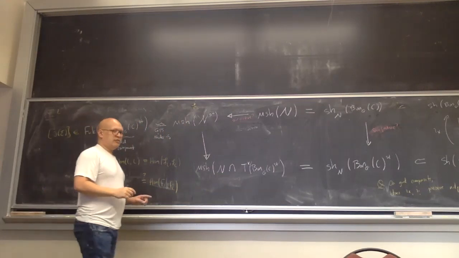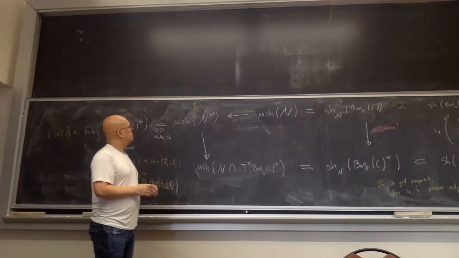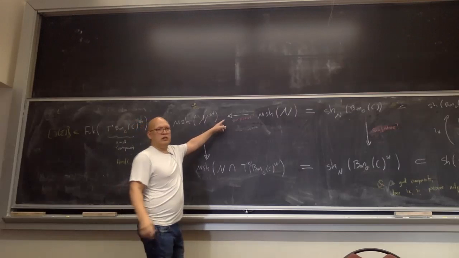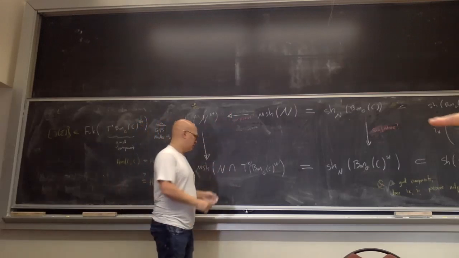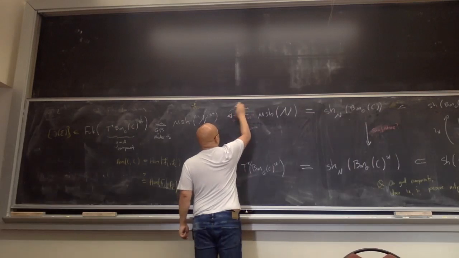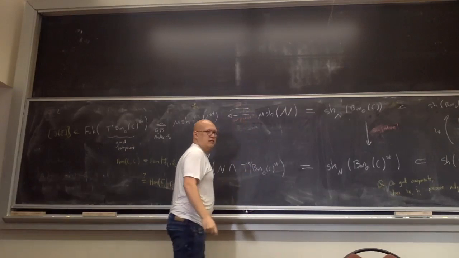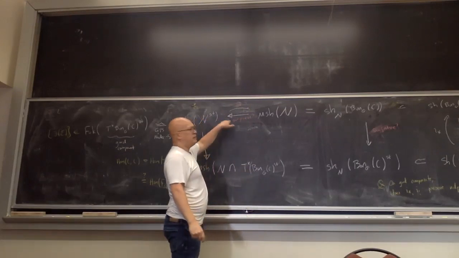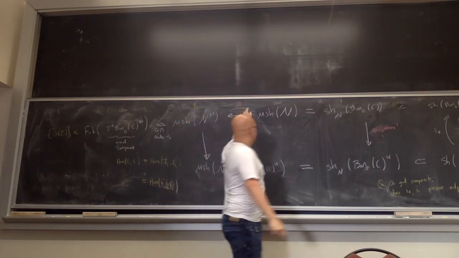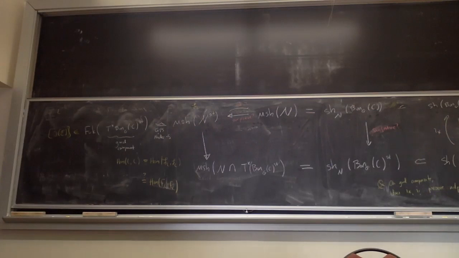You can ask the question whether this top arrow has this adjoint. That's the same question. Maybe with different adjoints you can choose, where the adjoints to this correspond to the different adjoints here.